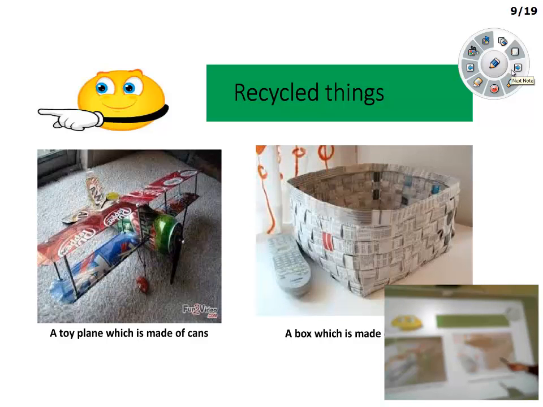And also, you can look at this picture. So we can also make a toy plane made of the used cans. And also you can make some boxes and bags made of used newspapers.